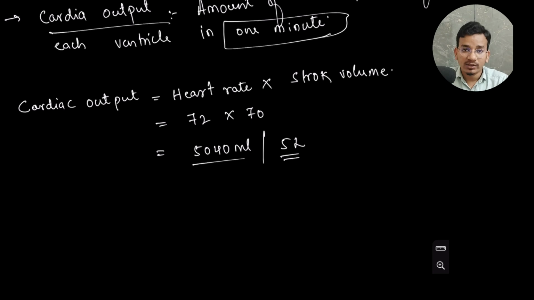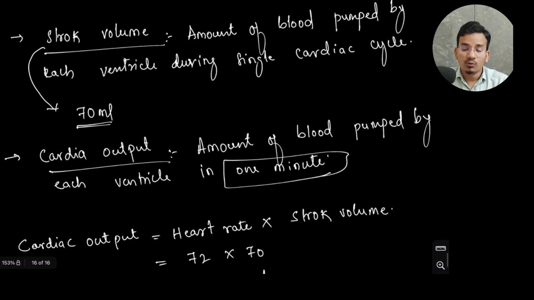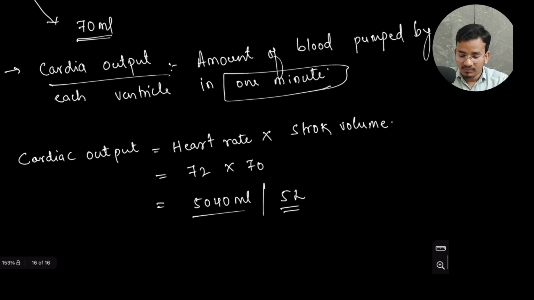You have to remember this, and make the difference between stroke volume and cardiac output, because questions will come based on cardiac output. What we are talking about is normal physiological conditions, where our ventricles pump about 5 liters of blood.